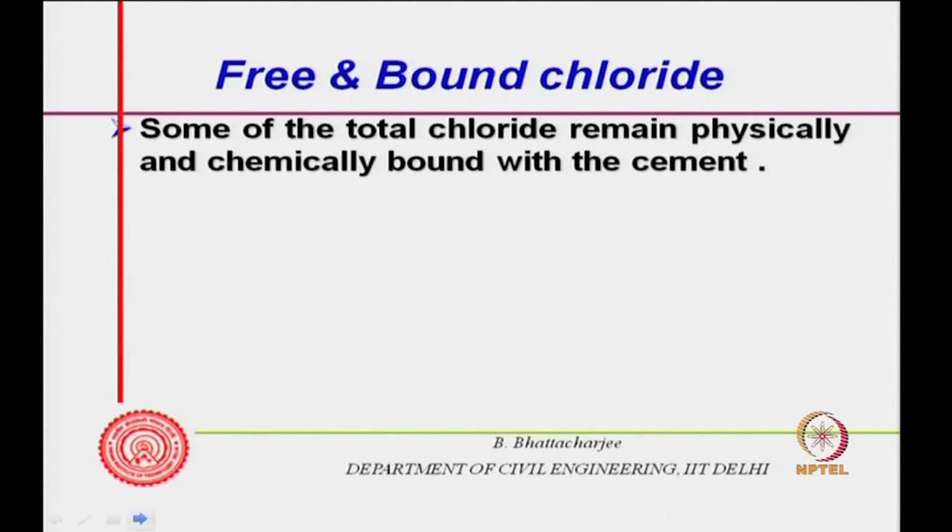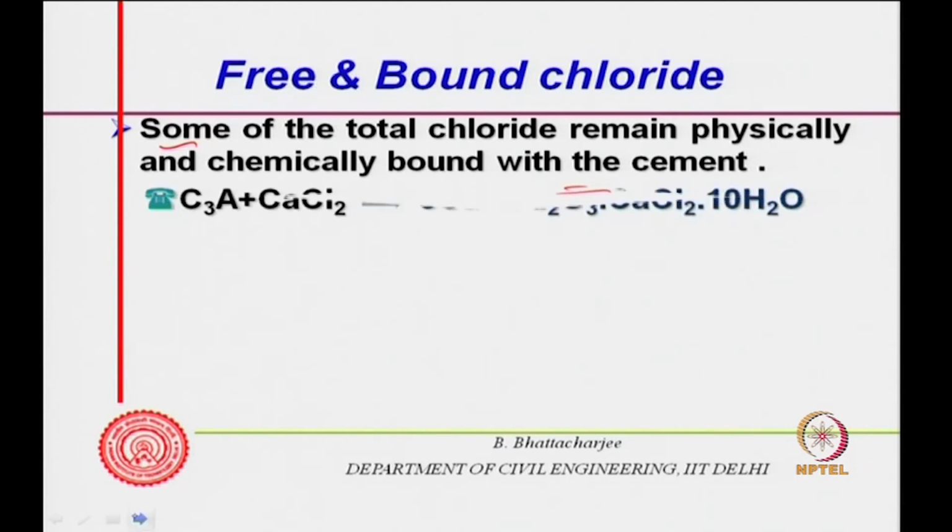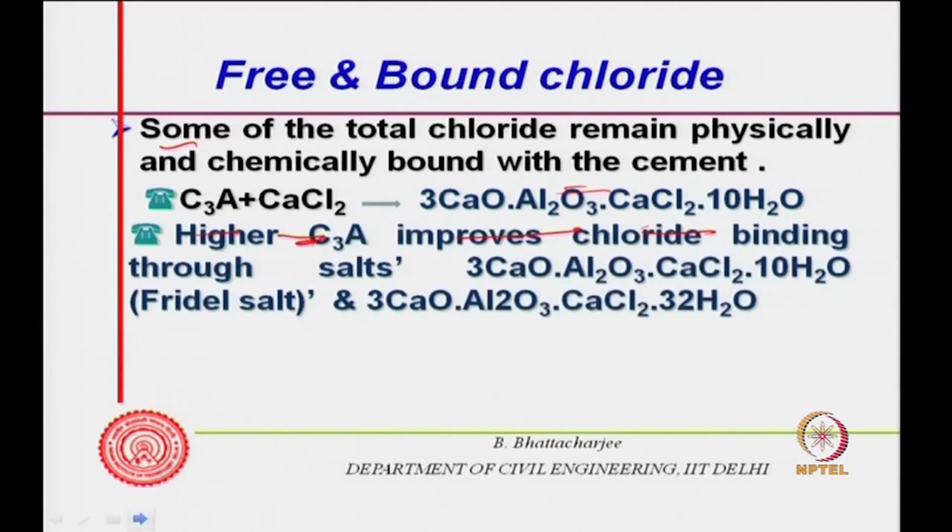Some of the total chloride remains physically and chemically bound. Some chloride reacts with the cement, like C3A reacting with calcium chloride gives you chloroaluminate salts, and higher C3A therefore improves chloride binding. So, this is chemically combined chloride.